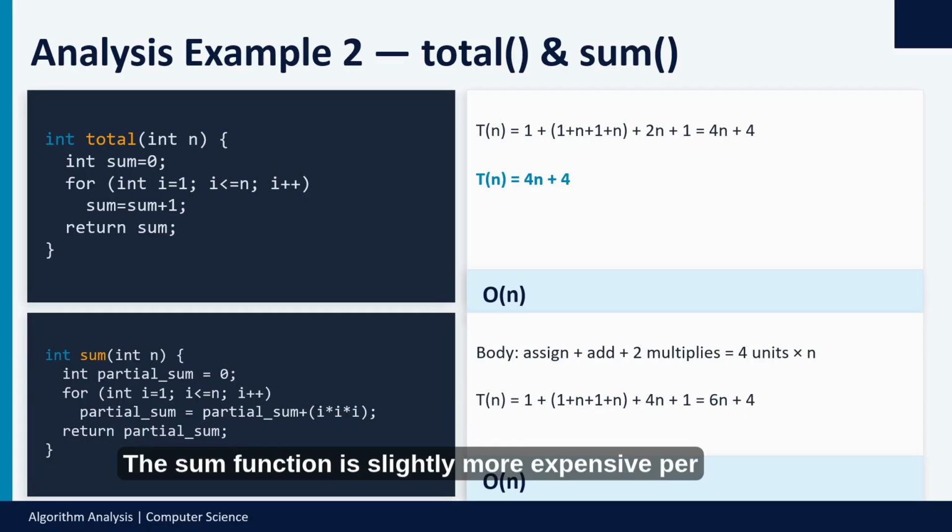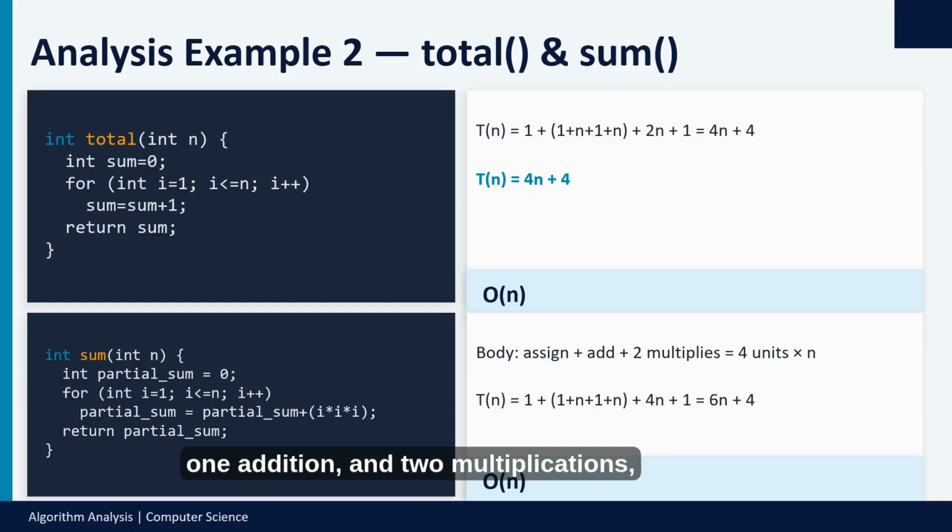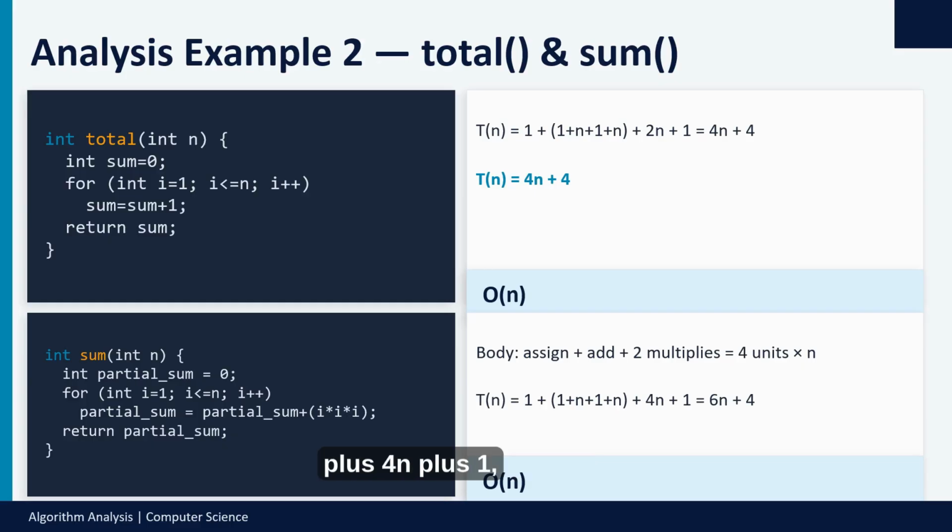The sum function is slightly more expensive per iteration. Its loop body contains 1 assignment, 1 addition, and 2 multiplications, 4 operations, running n times. So T of n equals 1 plus 2n plus 2 plus 4n plus 1, which equals 6n plus 4. Still O of n, but with a larger constant.